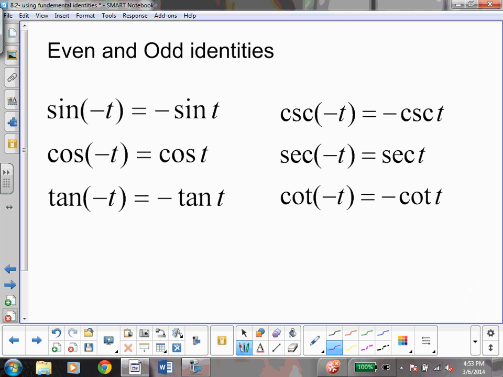These are the even and odd identities. And the even and odd identities, again, come from the graphing. And they come from changing the value of the angle. So, for example, if I have a sine function, and I take that sine function and I negate the angle, meaning that every angle that I put into it, I want to make it negative.